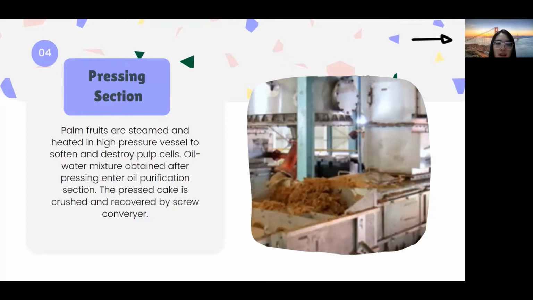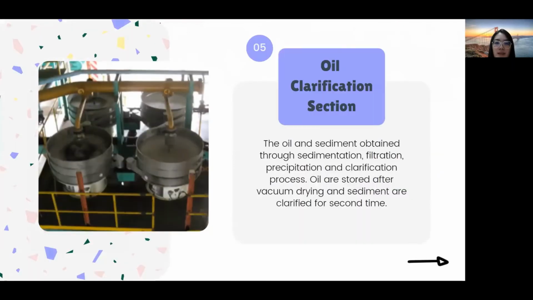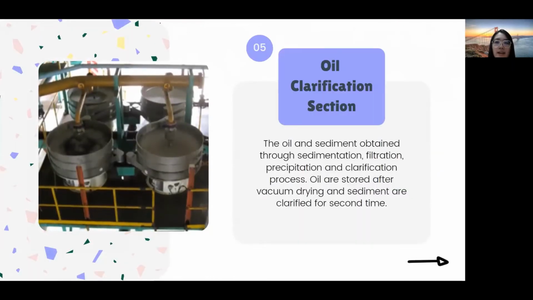Then after the pressing process, the oil water mixture will be obtained and will enter the oil purification section in order to obtain a high quality of palm oil, and the press cake will be crushed and recovered by the screw conveyor. Next, the oil mixture will enter the oil clarification section.